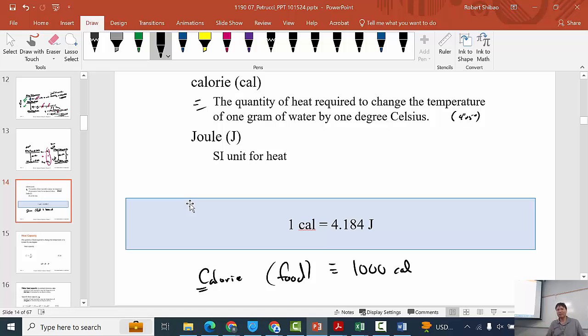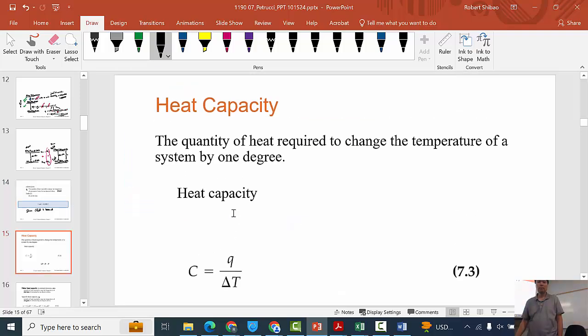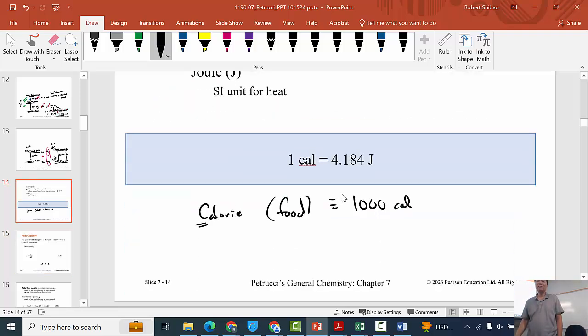So if you have a 1,000 food calorie diet, that's a 1,000,000 chemical calorie diet. For food, they don't want to say kilocalories. They probably should say kilocalories instead, but it's too much effort. And so that's why they have a new unit called the food calorie.